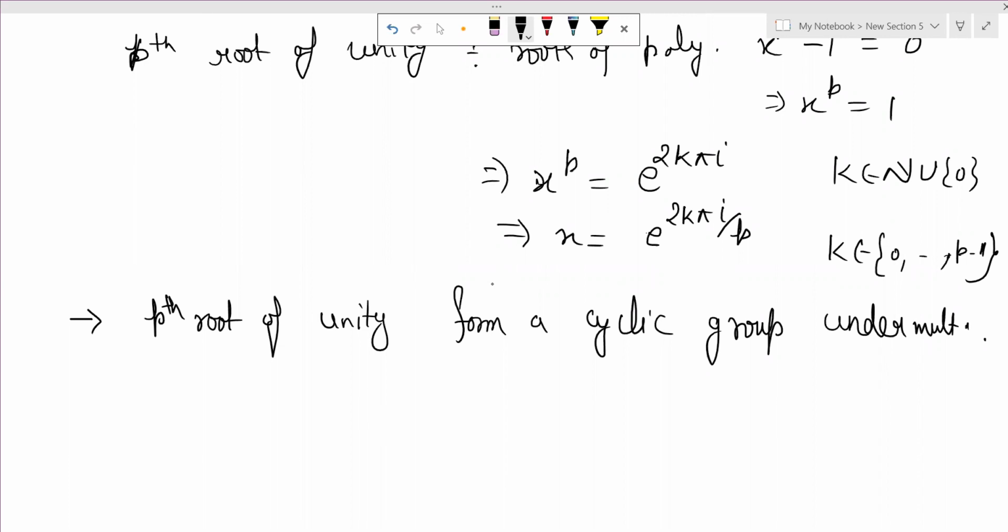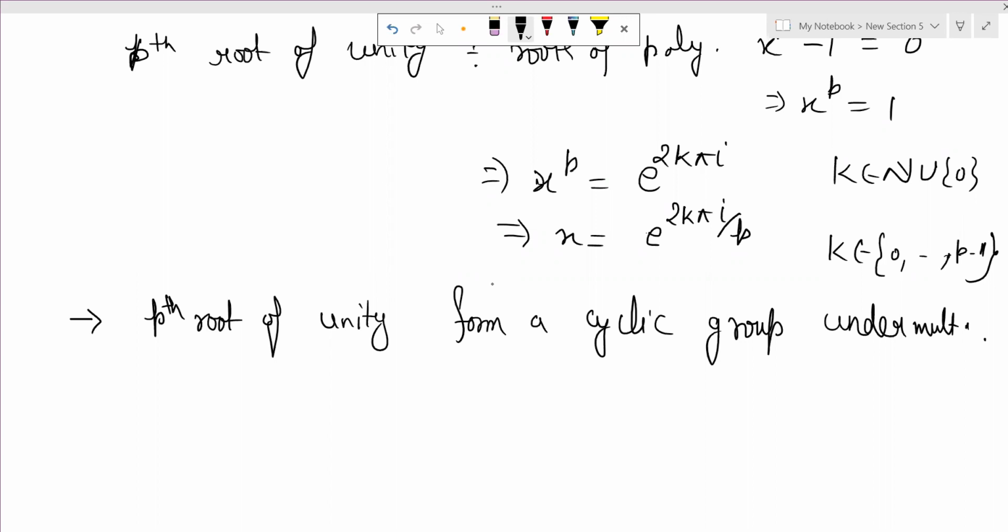Can you see that this is a group? If alpha is a pth root, alpha to the power p is 1, and similarly beta to the power p is 1, then alpha beta to the power p is also 1. Associativity is obvious. The identity is 1. What is the inverse of an element?